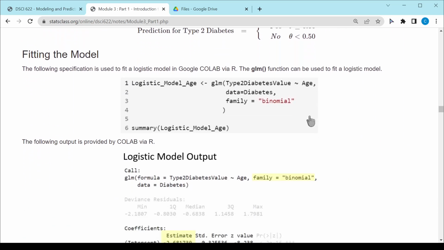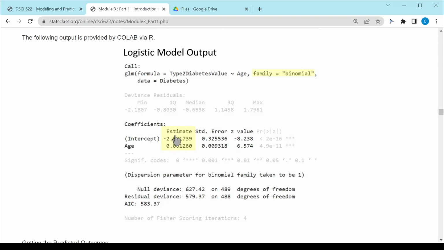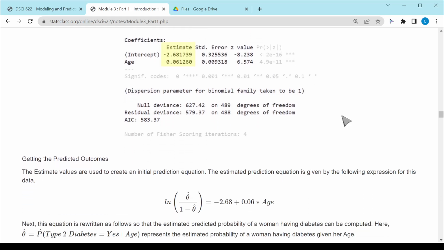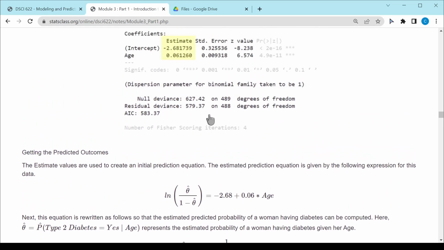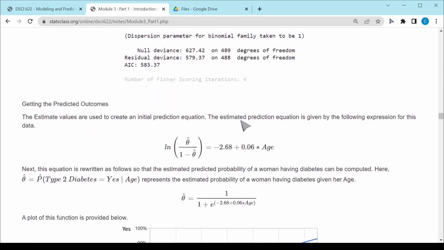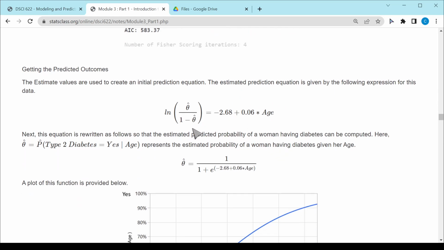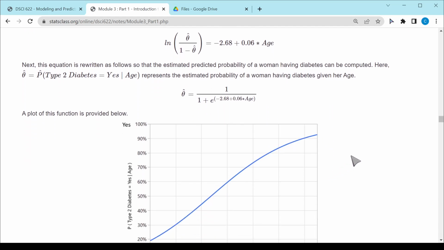The Colab document here shows you how the model is fit. I'm not going to go into too much detail here. The estimates here are used to get my prediction equations. Just make note that I am indeed using family binomial there, and again, that's appropriate when my response is binary. I take these estimates and plug them into my prediction equation here. I have to do a little bit of math to solve for those predicted probabilities.